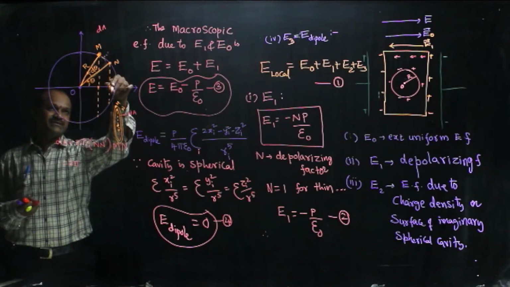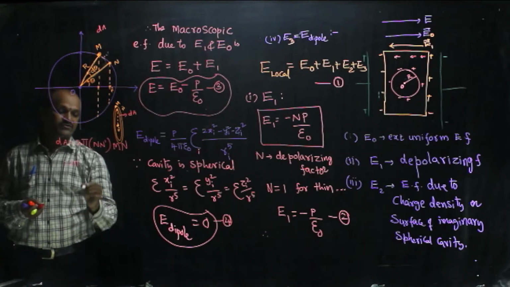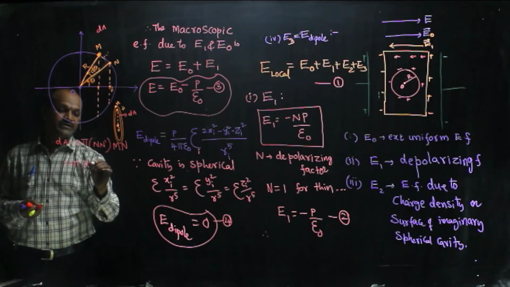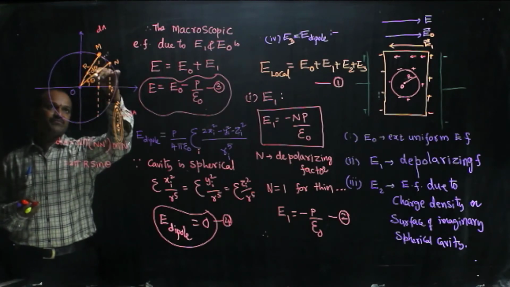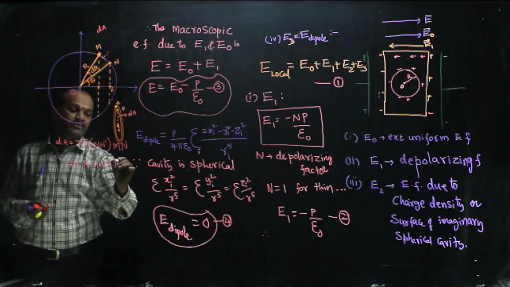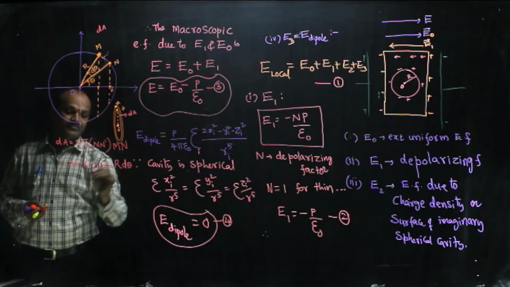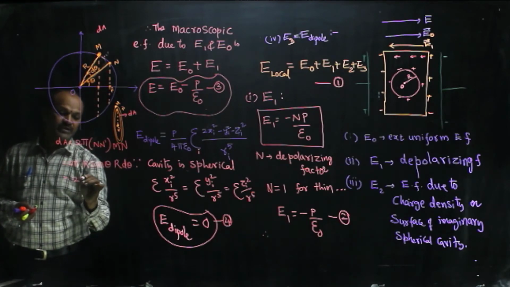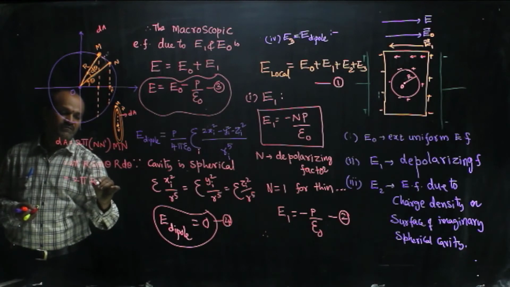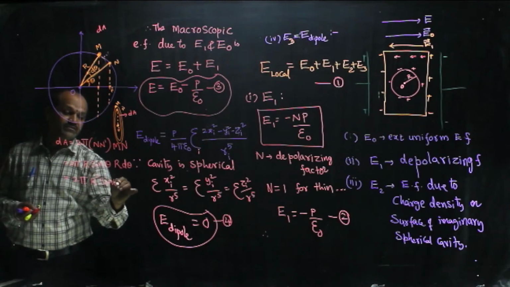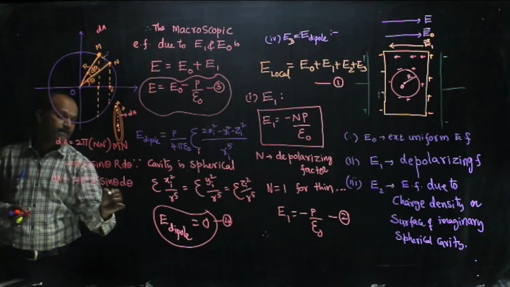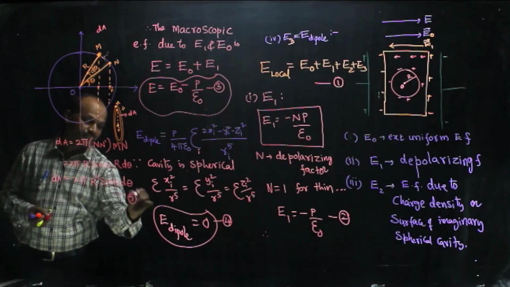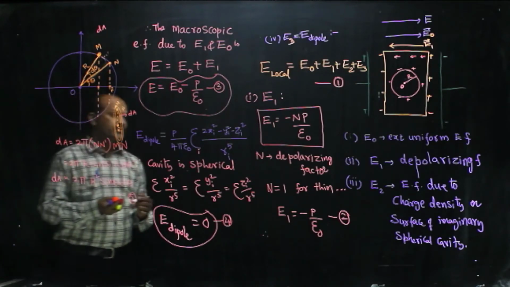We need the opposite side, that is R sin theta, times MN, which is R d theta. So finally we get 2 pi R squared sin theta d theta. This is the surface area dA, equation 5.